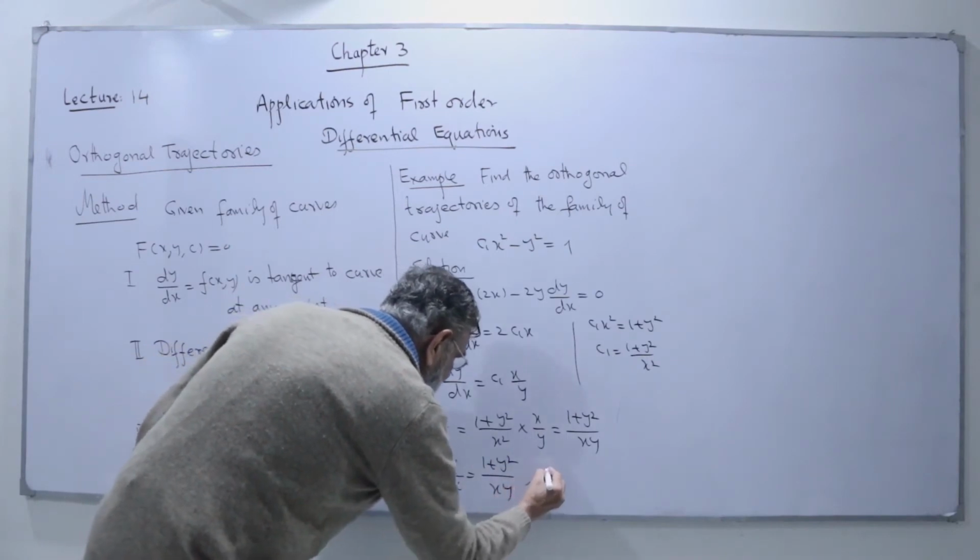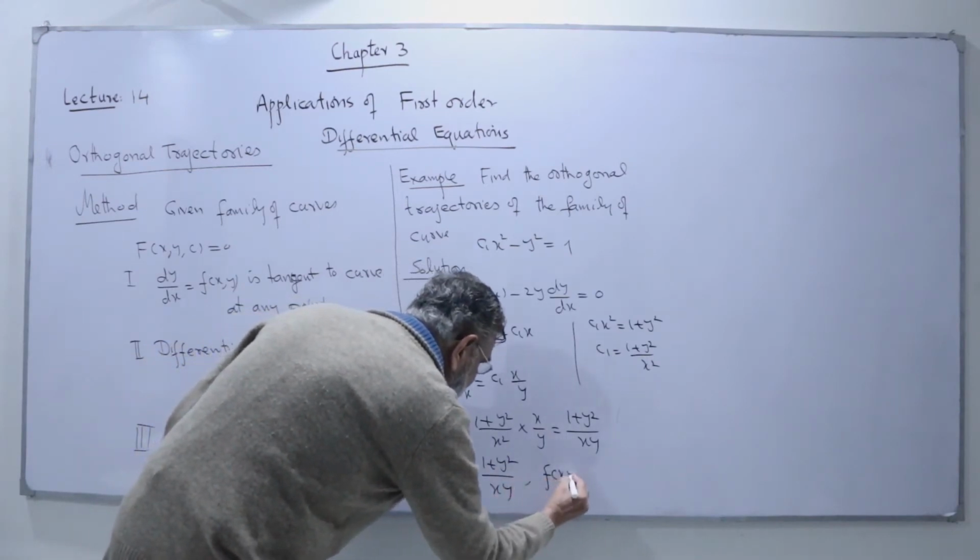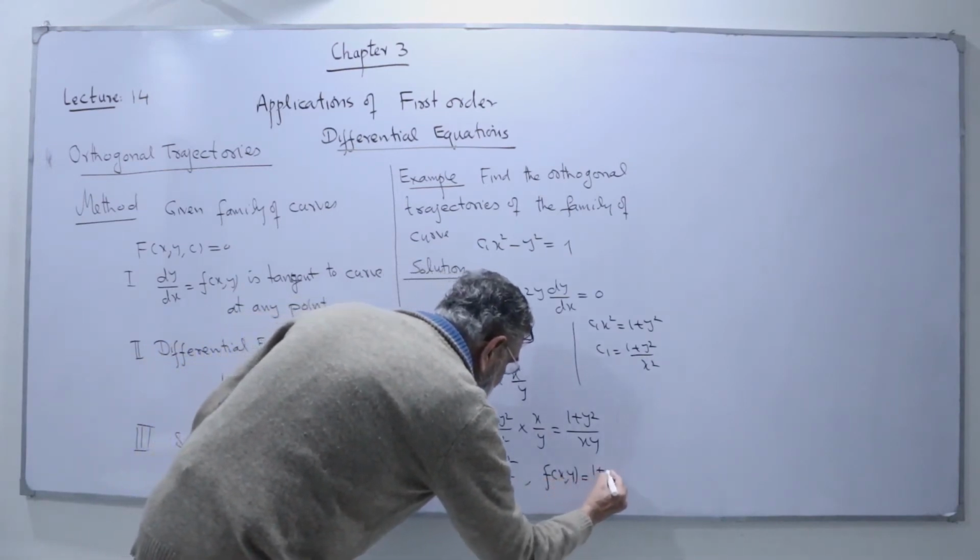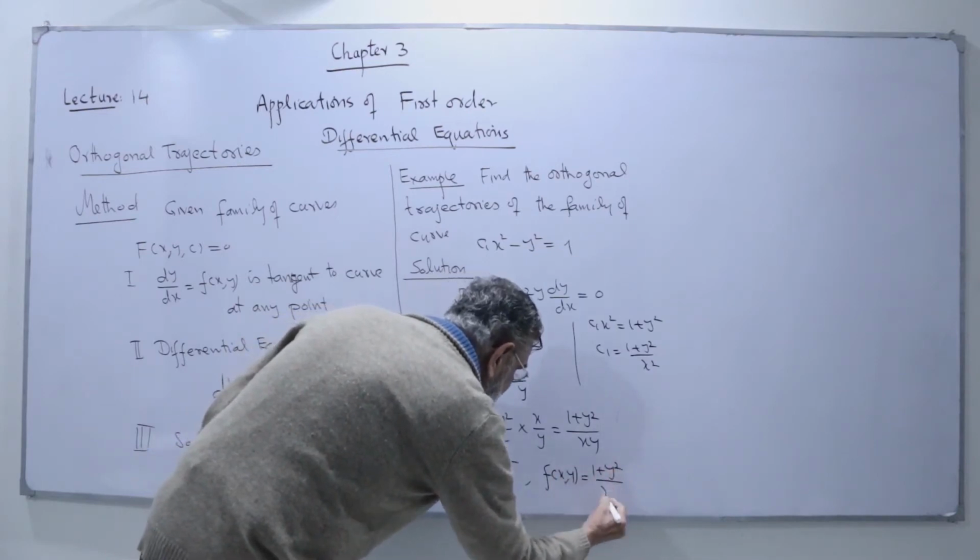So dy by dx is equal to 1 plus y squared over xy, and this is my function f(x, y).